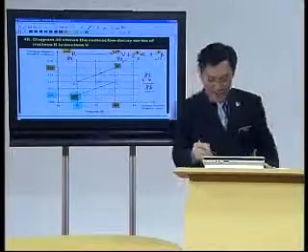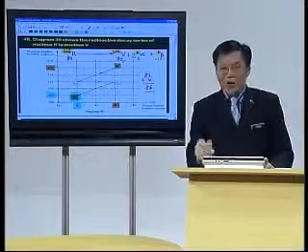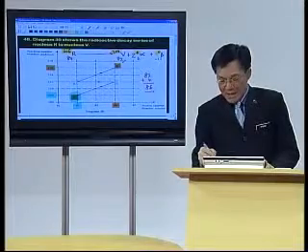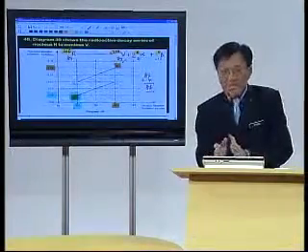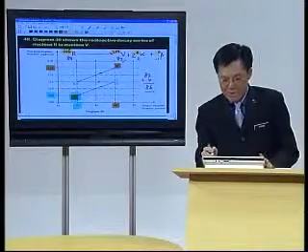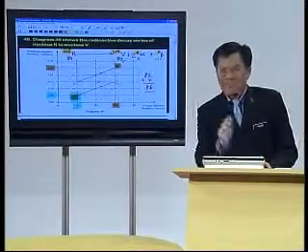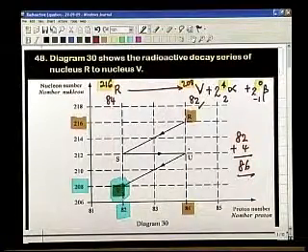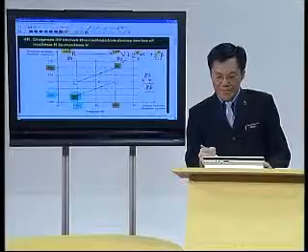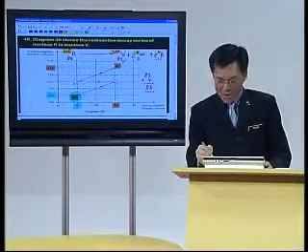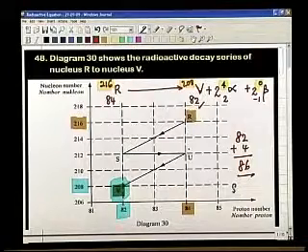Don't worry, we have beta to rescue us. So how many beta particles must I have so that the total proton number on the right hand side will give me 84? Again, you would know that it is 2 beta particles. When I have 2 beta particles, 2 multiplied by -1, I have 86 minus 2.